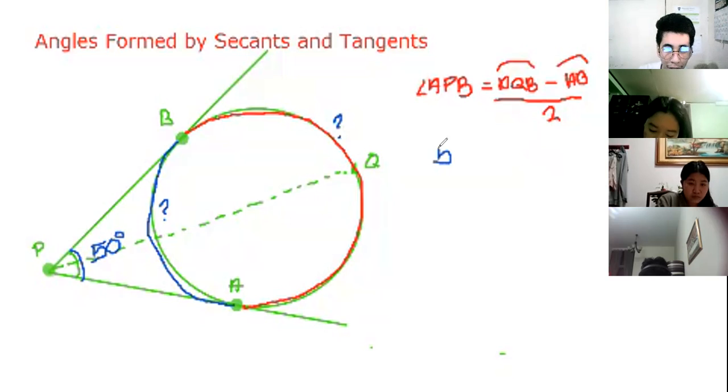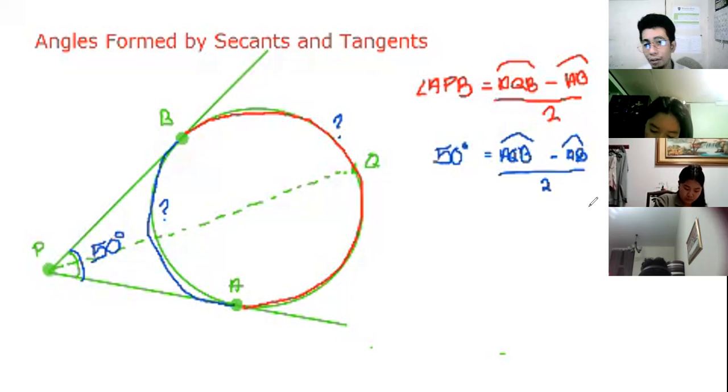So, we have here 50 degrees, diba? Is equals to angle AQB minus AB over 2. Yan, diba?